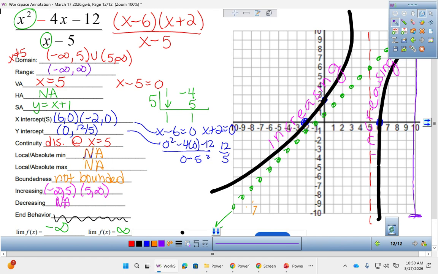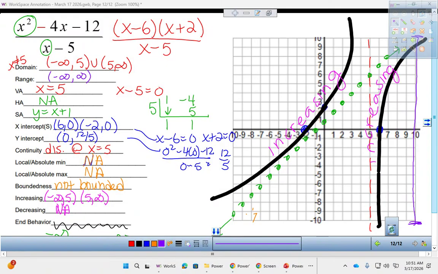I might have a stop in the range if I have a min or a max, if I have a horizontal asymptote, if I have a hole. I don't have any of those. So if you have none of those three things, it's negative infinity to infinity. If you have one of those things, it could still be negative infinity to infinity. You just have to consider those things. But if I don't have them, then it's definitely that.